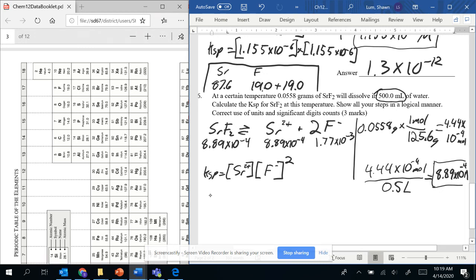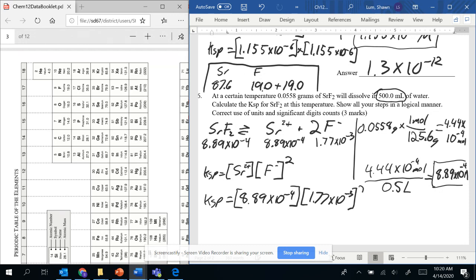And so therefore our Ksp equals what we got here: 8.89 times 10 to the minus 4 times 1.77 times 10 to the negative 3 squared.